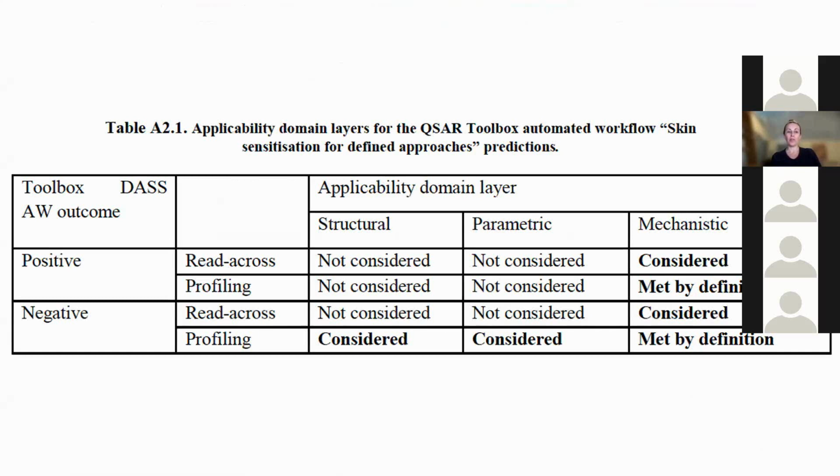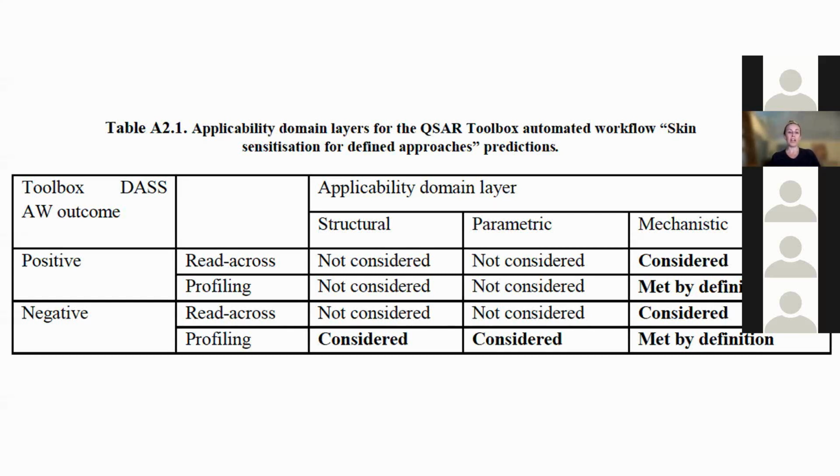Similarly, the protocol for running the OECD QSAR toolbox automated workflow is included in Annex 2, and also this consideration of the different applicability domain layers for the QSAR toolbox predictions. There are 3 layers here. So the structural layer is defined based on the atom-centered fragments derived from the structural characteristics of the training set substances.